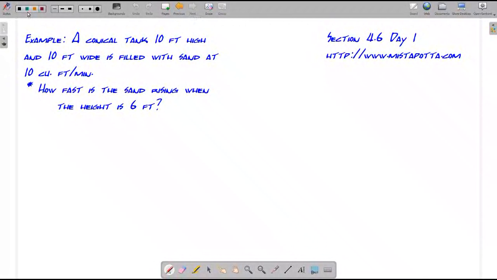So the first thing I want to do is draw a picture of what we're dealing with. I've got a conical tank, some type of cone. I know that my tank is 10 feet wide and 10 feet high.